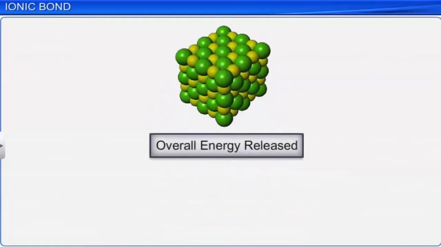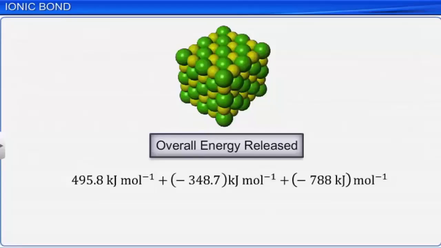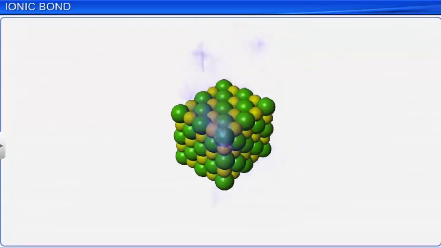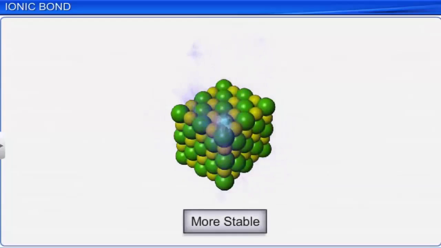The overall energy released is the sum of 495.8 minus 348.7 and minus 788, which results in minus 640.9 kilojoules per mole. Since energy is released in the process, it makes the crystal lattice more stable.